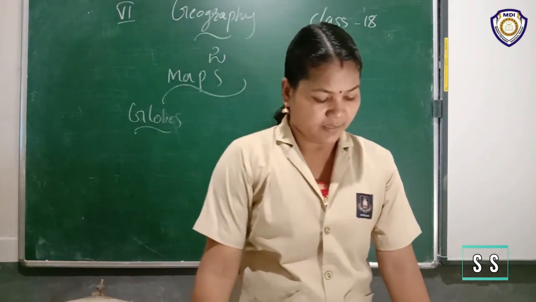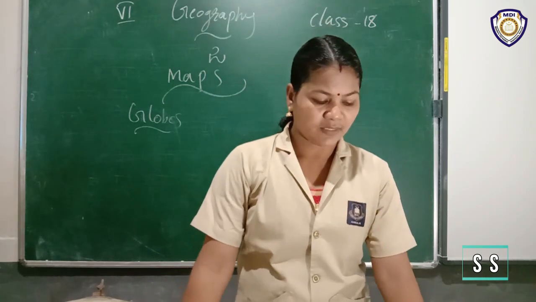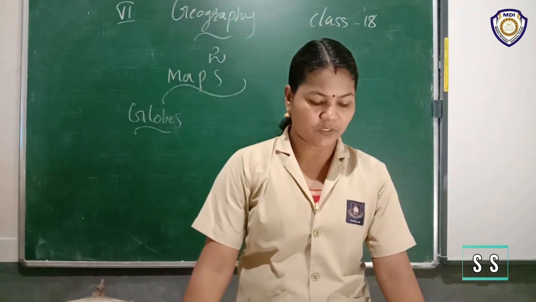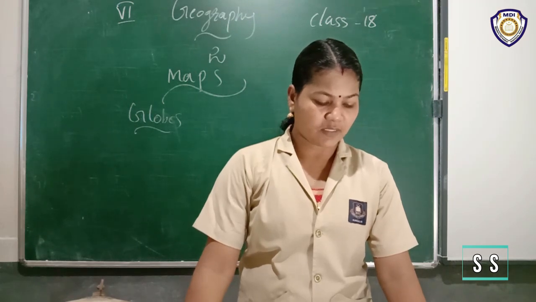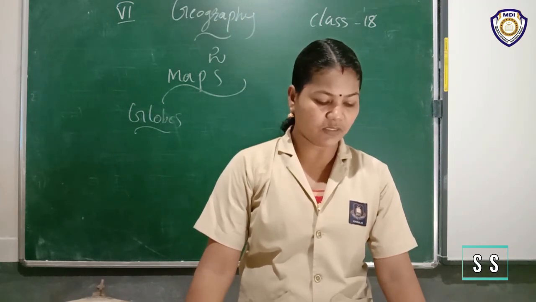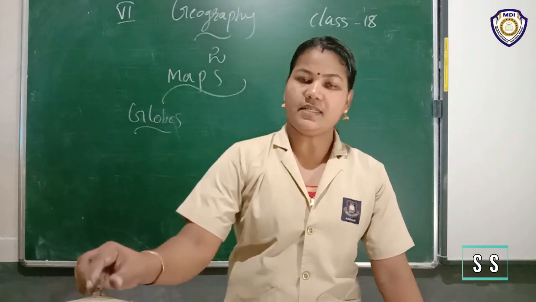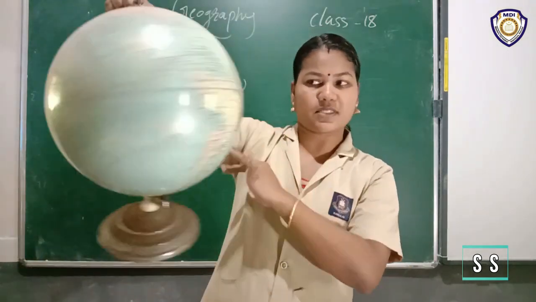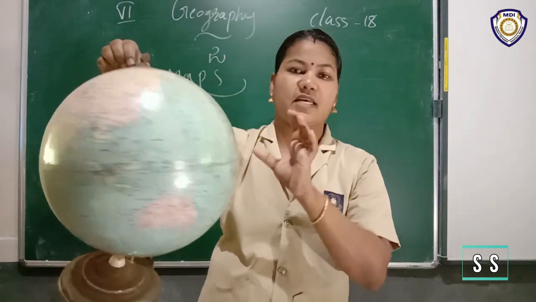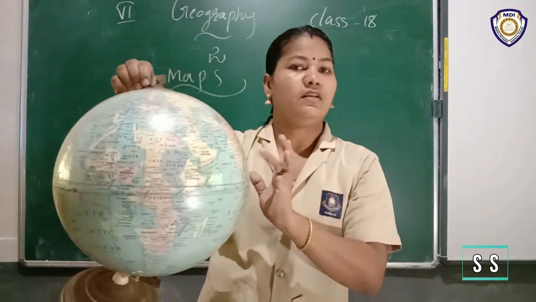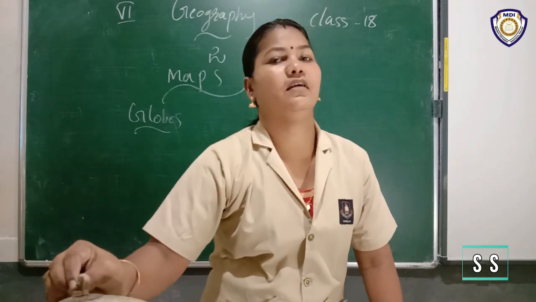Then here we use a globe to represent the spherical earth. In other words, the globe is a model of the earth on a small scale, the earth in a small-scale format.